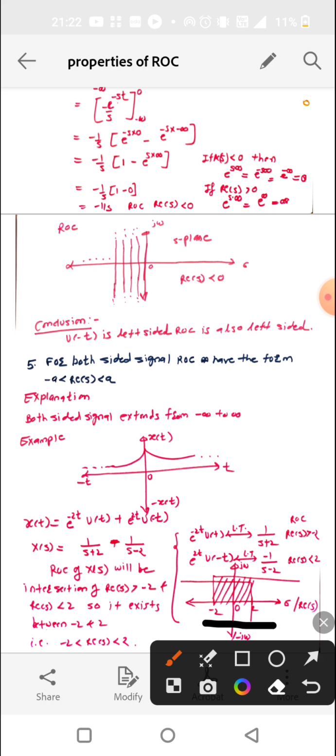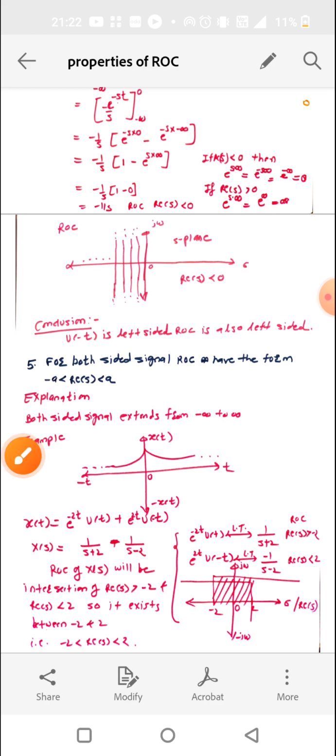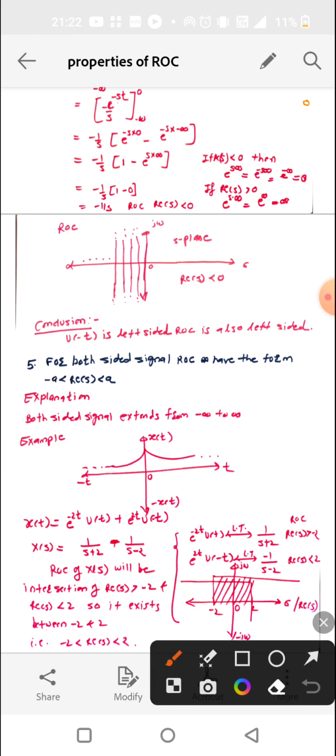So the intersection comes in between minus 2 to 2. So the both sided signal x(t)'s ROC is minus 2 less than real s less than 2. Okay, so for both sided signal, if ROC exists, then it is in the form minus a less than real s less than a. For both sided signal, we have to individually see the ROCs of each signal, then see the intersection between the ROCs and take that intersection as the ROC of the both sided signal.